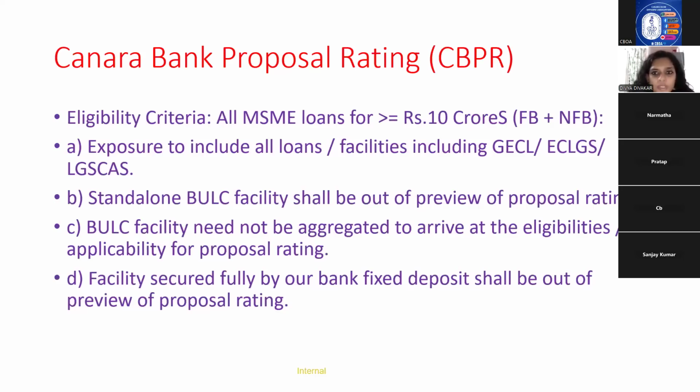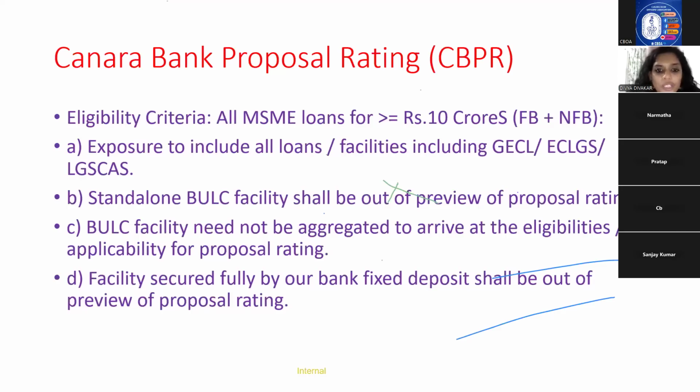BULC, all these terms we are coming to in the further slides also. Bills under letter of credit, BULCs. We'll discuss all these GECLs, BULCs in the coming slides also. BULC facility need not be aggregated to arrive at the eligibility or applicability for proposal rating.